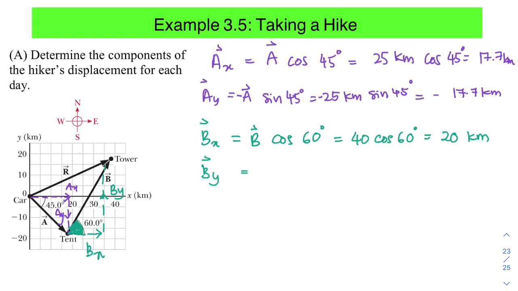For BY, okay, it's B sin 60 equivalent to 40 sin 60 equivalent to 34.6 kilometer. Alright.